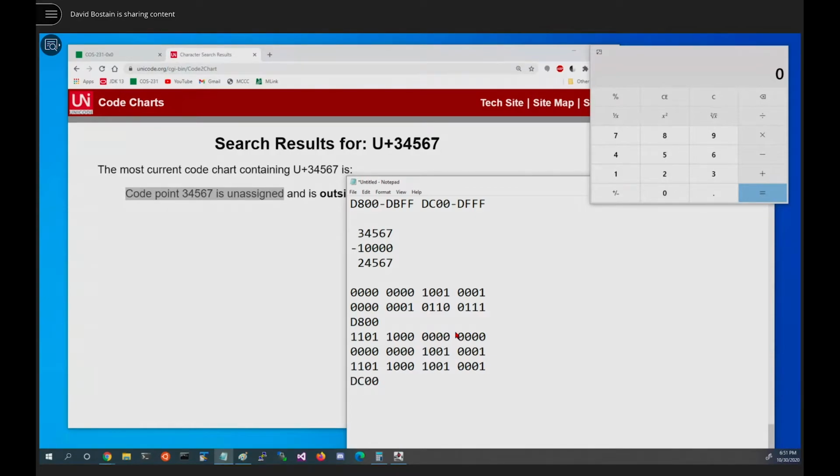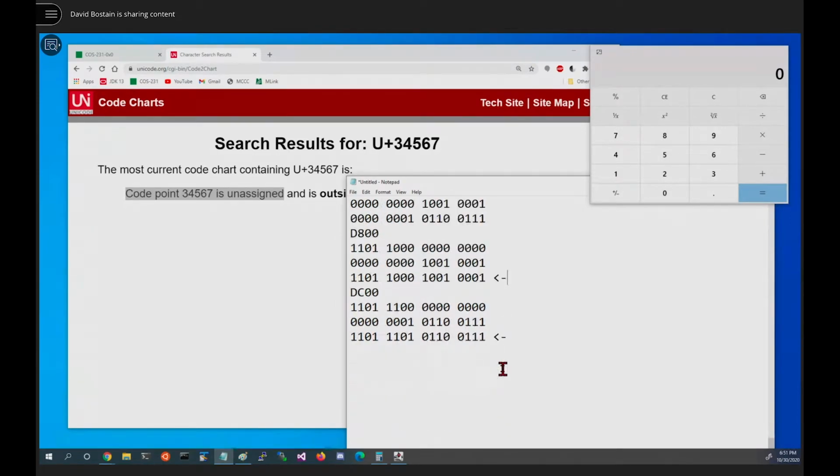The next one is going to be added to DC00. So let's write DC00. Let's add that up: 1101, 1101, 0110, 0111. So this line here we care about, and this line here we care about.